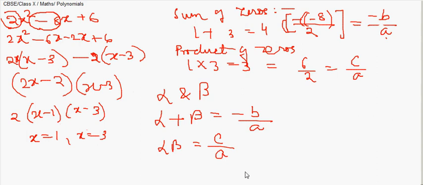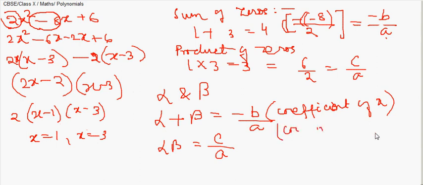What is b? b is the coefficient of x, and a is the coefficient of x square. This c here stands for the constant, and again a is the coefficient of x square.